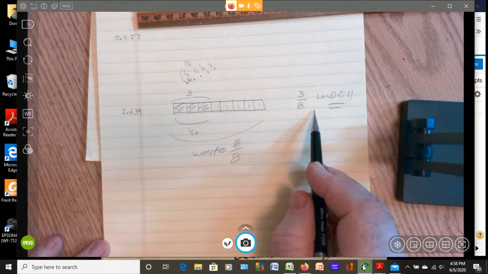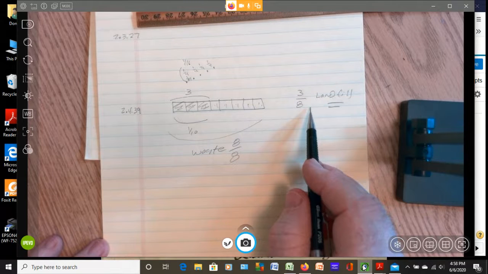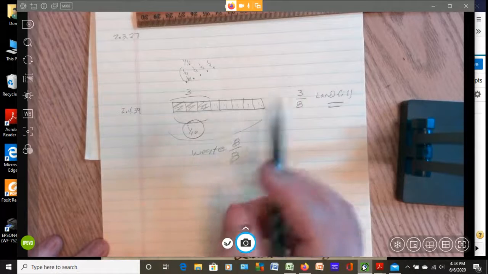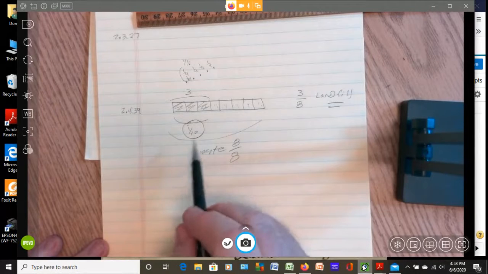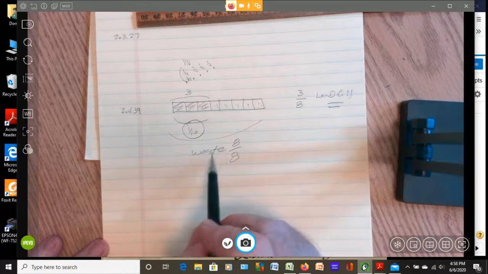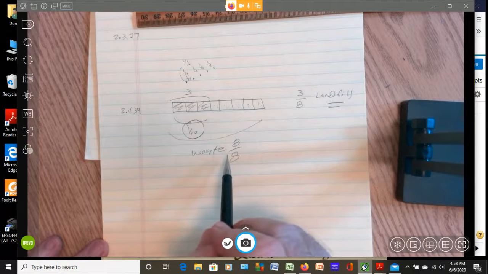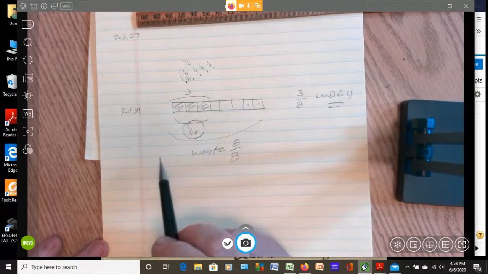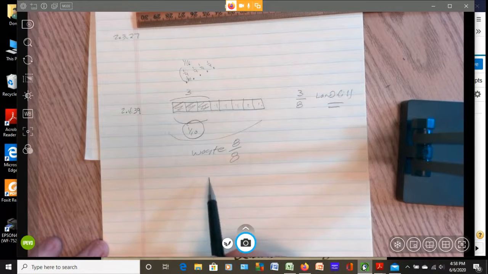And of the landfill, of the 3/8 that's landfill, 1/10 of this is yard trimmings. So the question is, how much of this entire amount does this 1/10 represent? Does that make any sense to you?